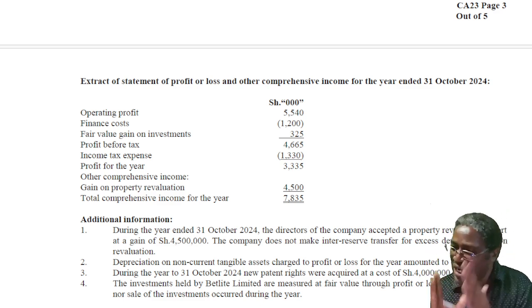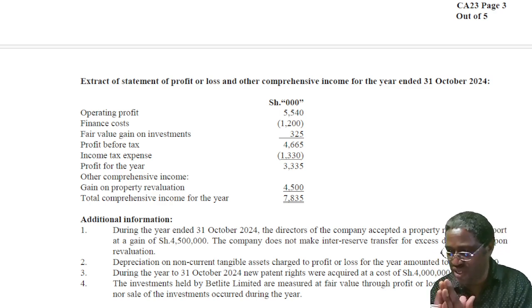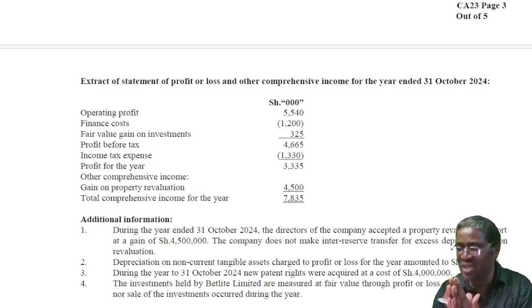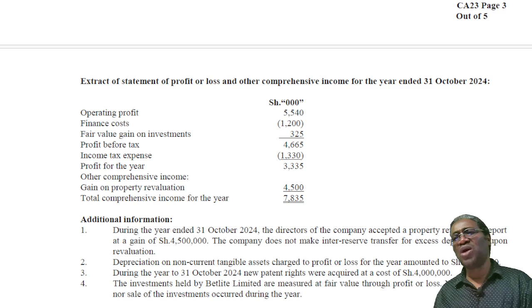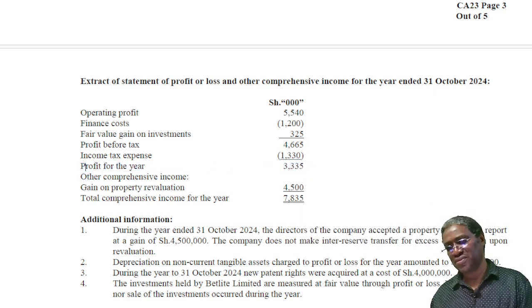So we normally analyze the account called retained earnings if we have not been given how much the company paid as dividends. For example, when you look at this P&L account, when the company got the income tax there, they got the figure called profit after tax, which is what they are calling profit for the year. Profit for the year is the same as profit after tax.